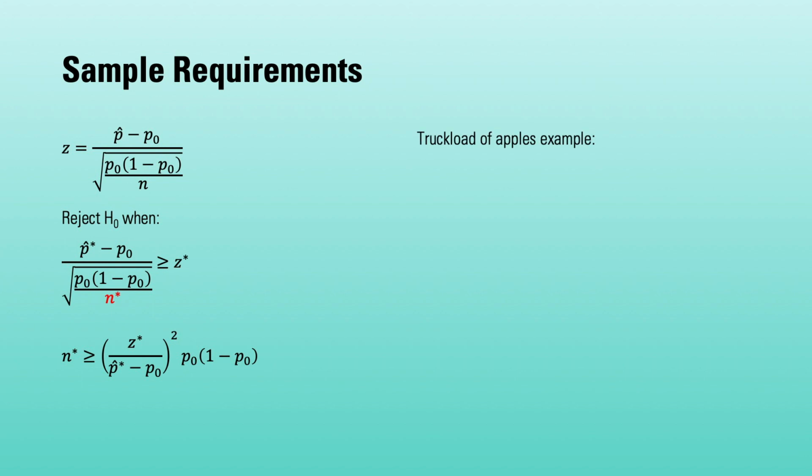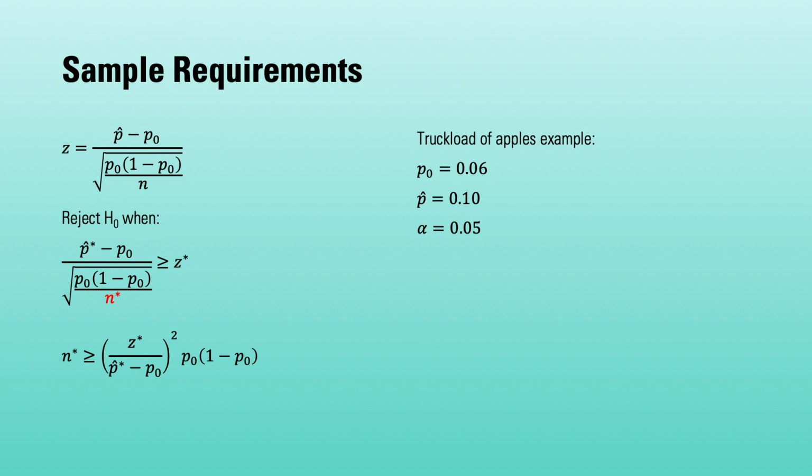Again, let us consider as an application the example of a truckload of apples. The hypothesized population proportion of bad apples in the truck is still the same, at 0.06. And recollect how in the one-proportion z-test example considered earlier, we had 8 bad apples out of 80 with a corresponding sample proportion of 0.10.